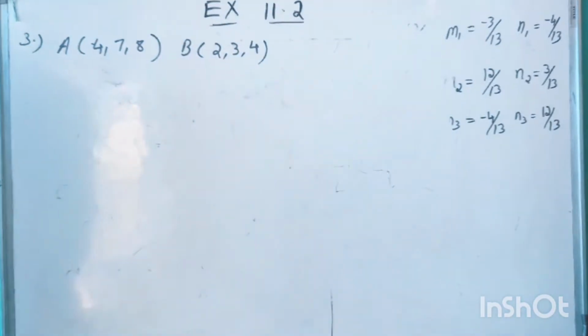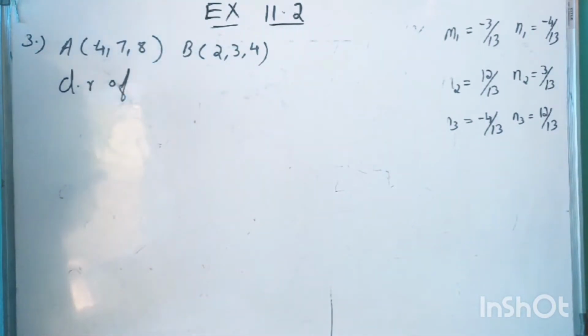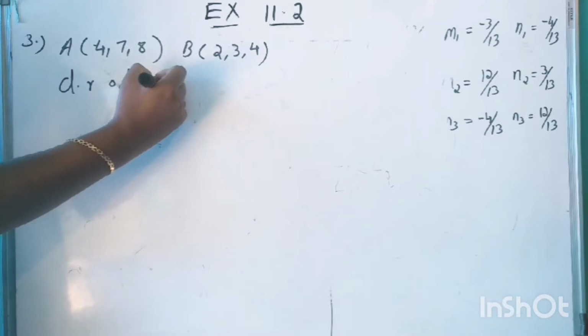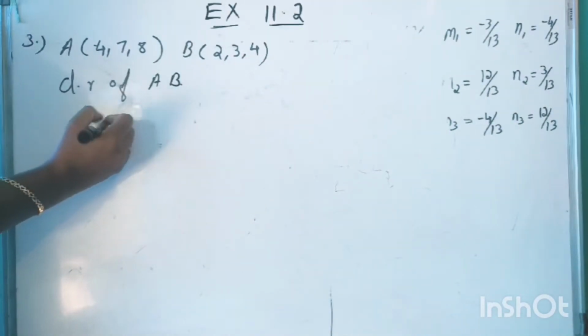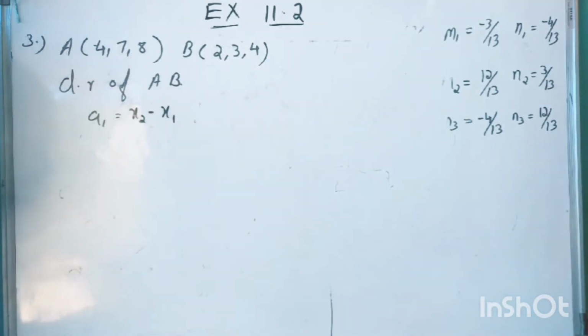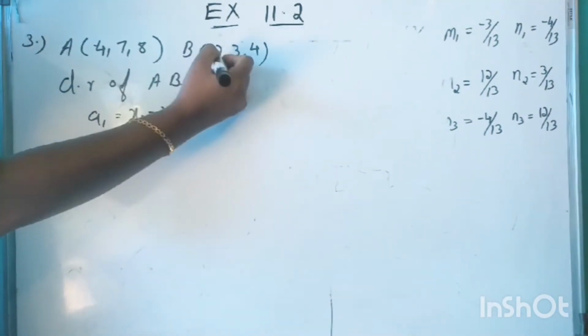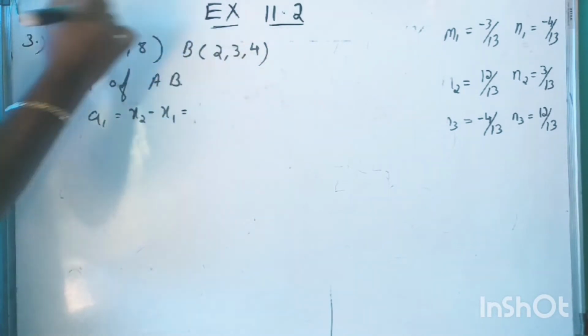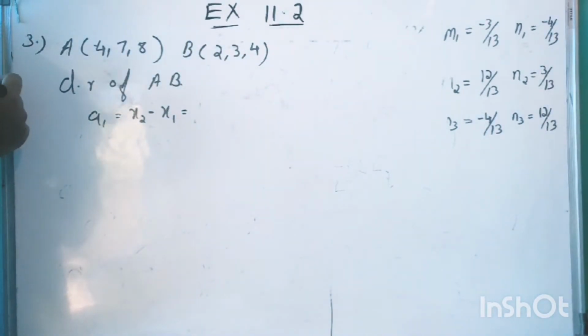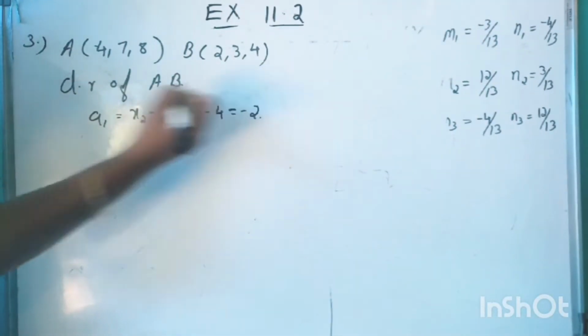The direction ratio of AB, A1, is actually x2 minus x1, that is the x coordinate of B minus the x coordinate of A. 2 minus 4, that we will get as -2.